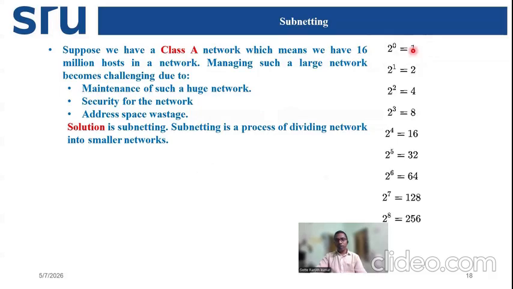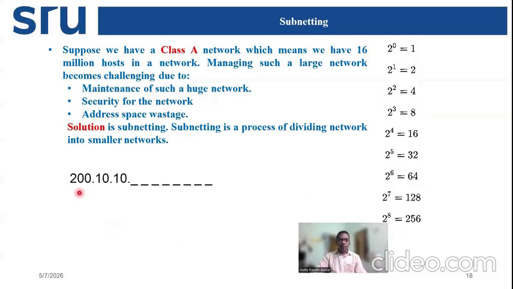If you consider 1 bit from the host part to divide the network, then 2 power 1 means the network will be divided into 2 parts, 2 subnetworks. If you consider 2 bits from the host ID, then 2 power 2: the network will be divided into 4 parts, 4 subnetworks. Likewise, we have to divide the network into subnetworks. The process of dividing the network into subnetworks is known as subnetting.